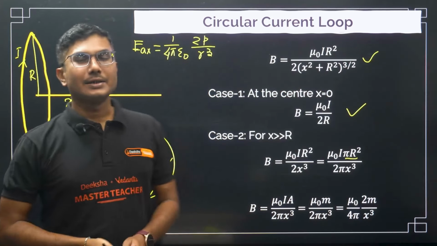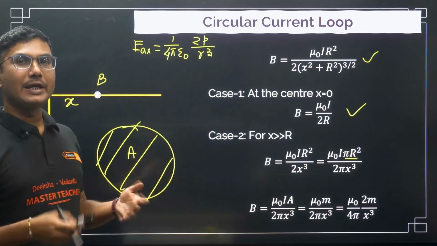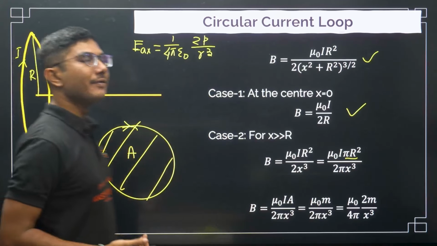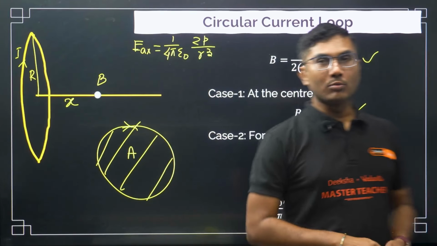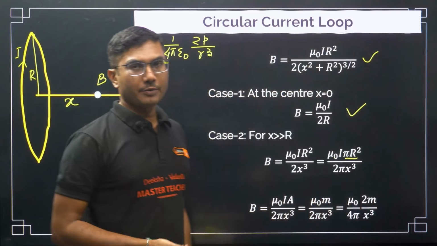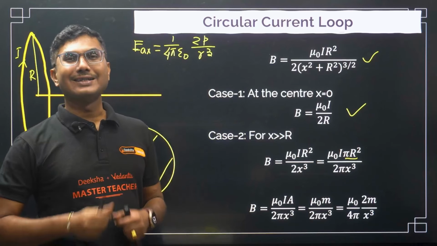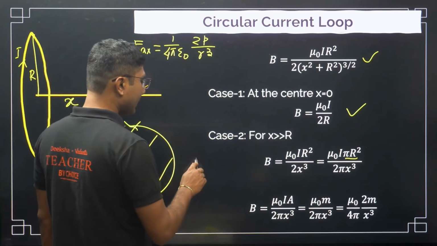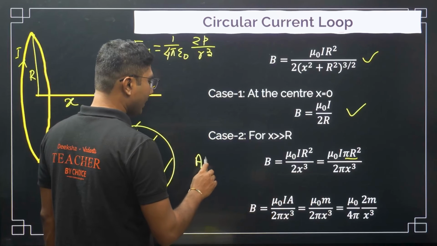In fact, a circular current carrying loop can behave as a magnet. A circular current carrying loop will behave as a magnet whose dipole moment is given by I into A. I into A is the dipole moment of the magnet, and you can find its dimension as well. The dimension of current is ampere and the dimension of area is meter square.